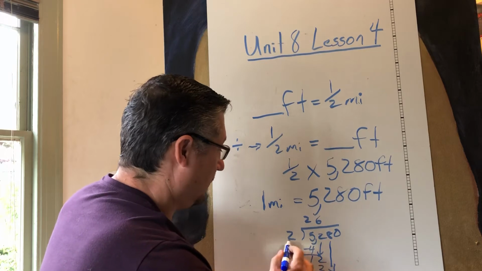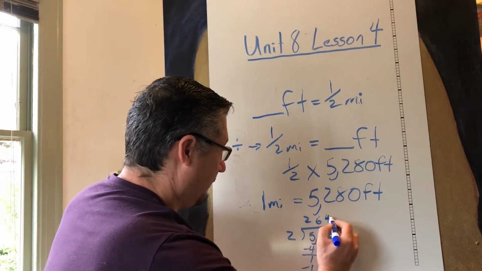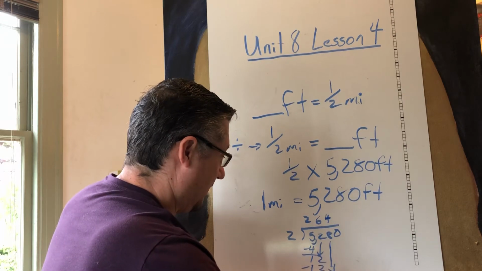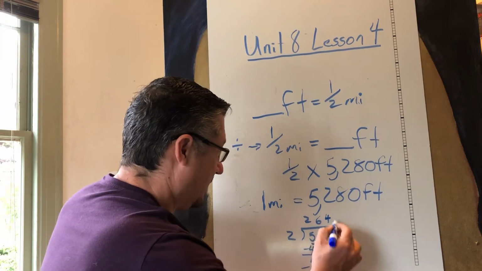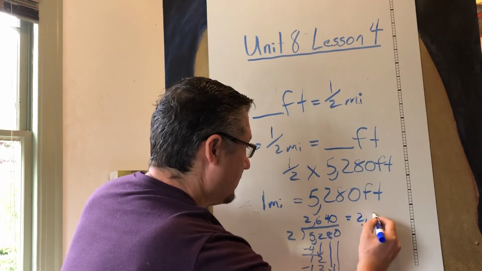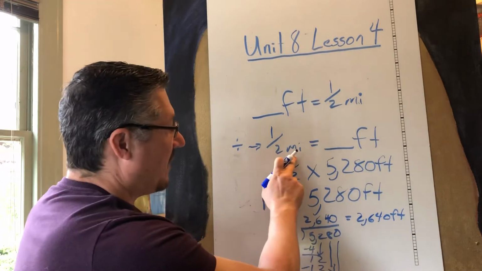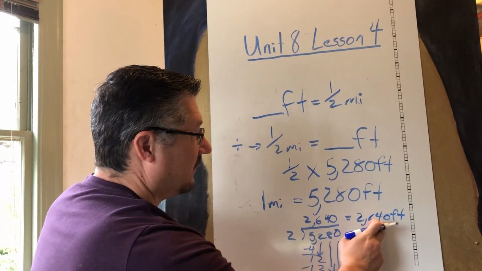I'm running out of room. 2 times 4 is 8, and then 0, drop my 0, and that's going to be a 0. So my answer is 2,640 feet. So 1/2 mile equals 2,640 feet.